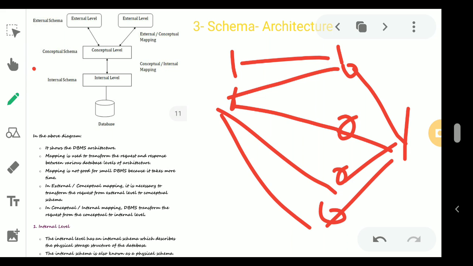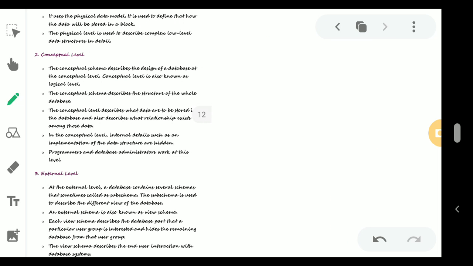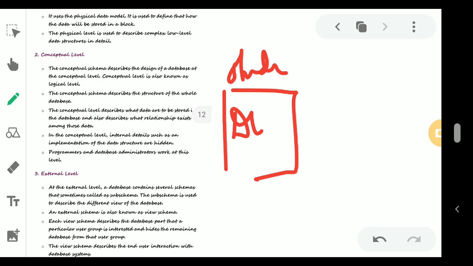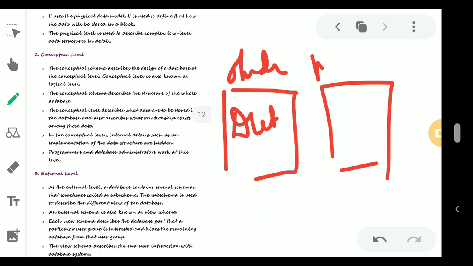Now comes the next one, the conceptual schema, or you can say the logical schema. In this next higher level of data abstraction, the schema is used by the database administrator to describe what data are to be stored in the database and what the relationships between them are. Suppose I am storing student details, marks, and payment.